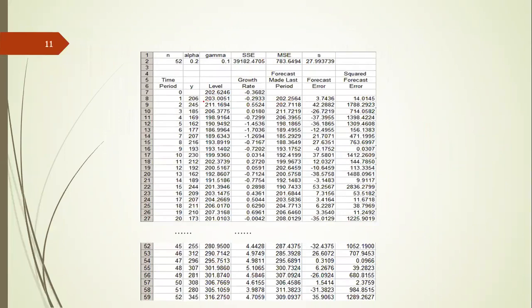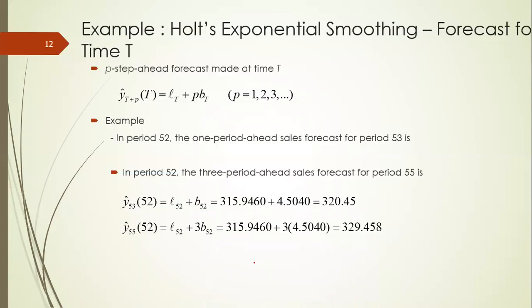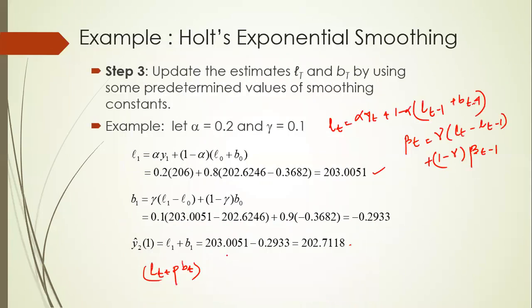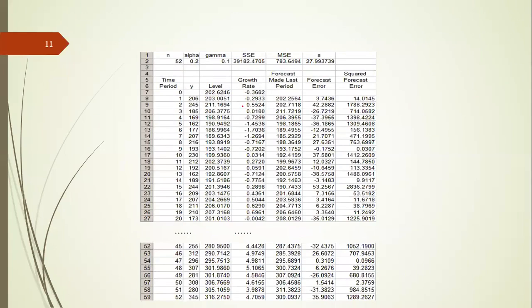Therefore, the forecast made last period, just a period ahead from the last period, is going to be 203.0051 minus 0.2933 equal to 202.2564. Then, of course, you have the error and the squared error.